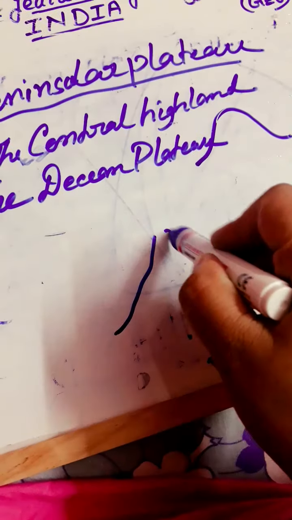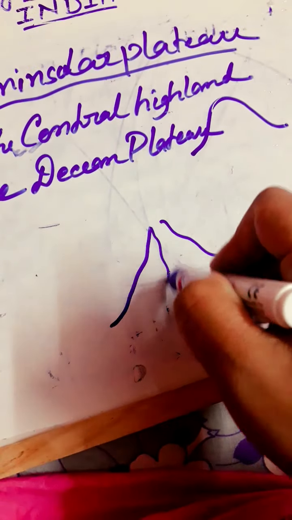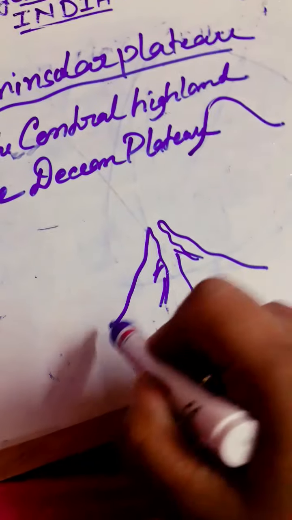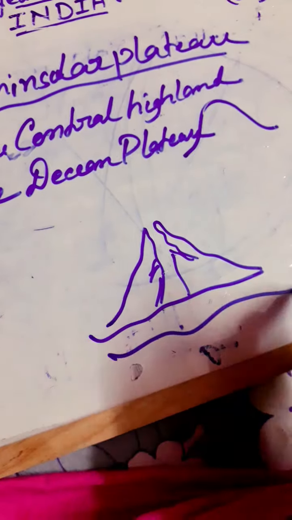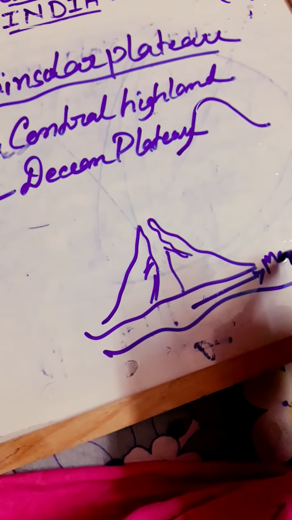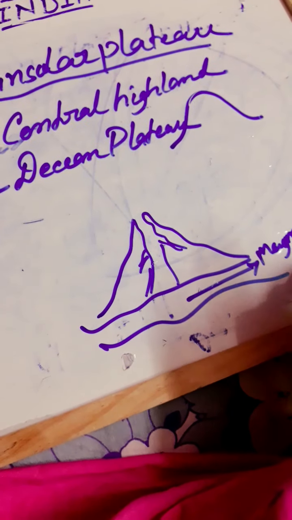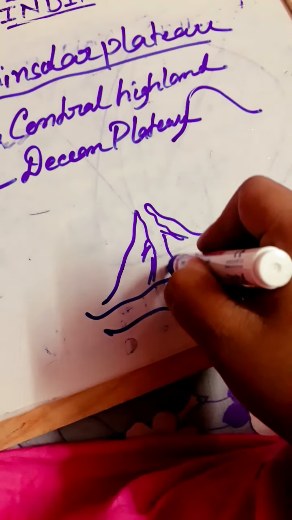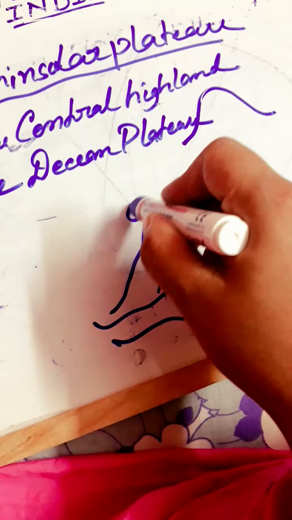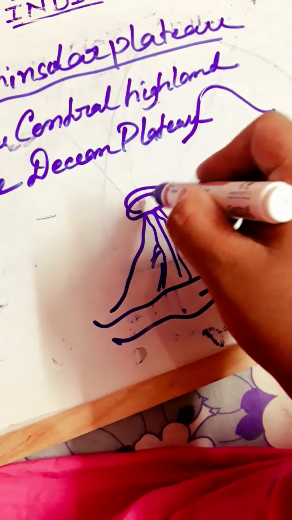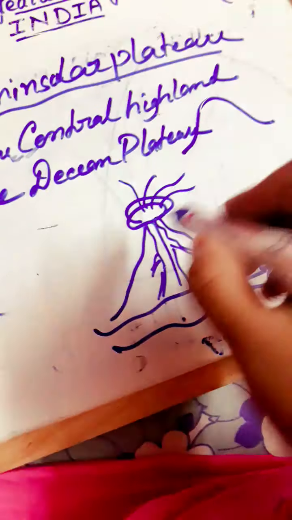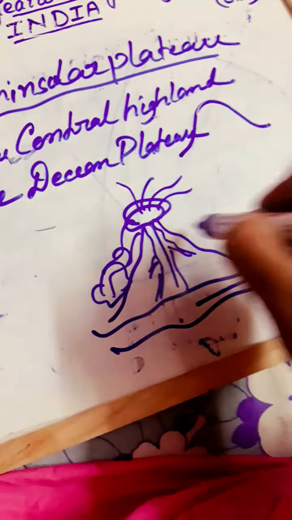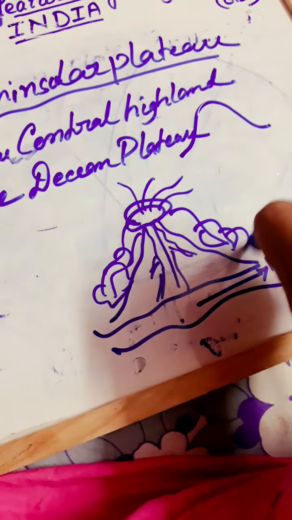Suppose this is a volcanic mountain and this is a vent. You know that at that portion there is a magma chamber, right? When the magma goes through that portion, this is the opening of that mountain. There are ash clouds. At that portion, some things are gathered.